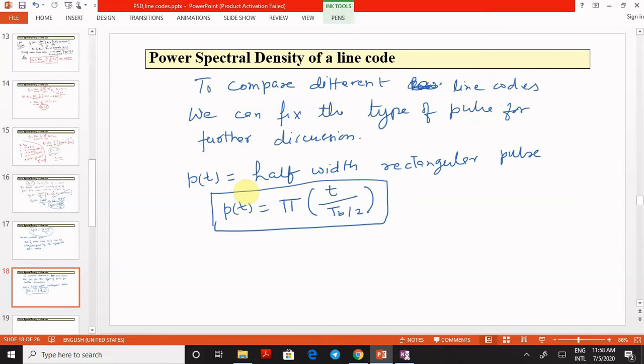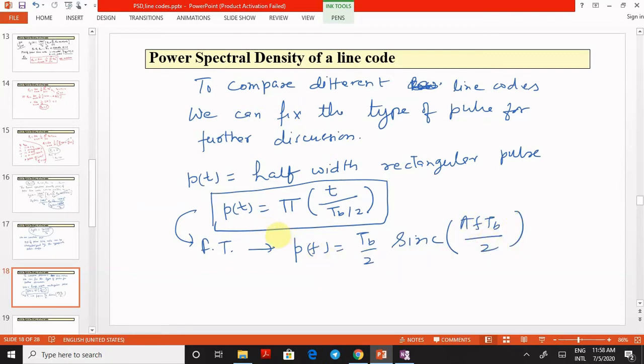We know that the Fourier transform of a rectangular pulse will be a sinc function, right? So the value of P(f) can be simply written as TB by 2 sinc function pi f TB upon 2. This is the value which we get from the Fourier transform.